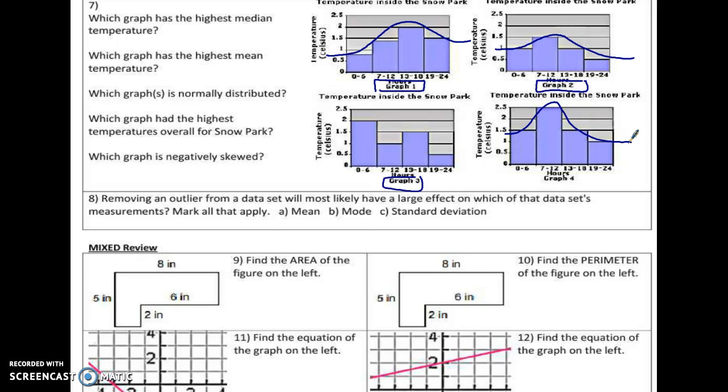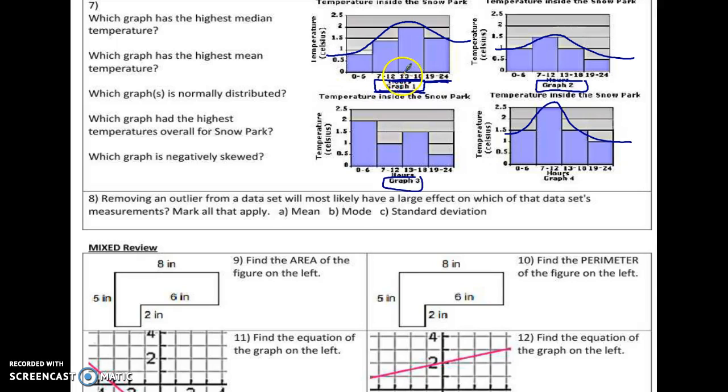So if we're comparing the highest median temperature, so that would be the score in the middle, then we've got the higher numbers over here in this area. So we got more higher scores on graph 1.